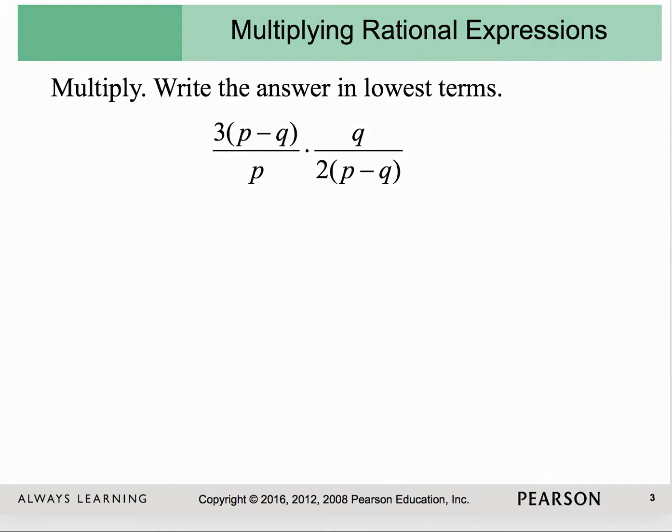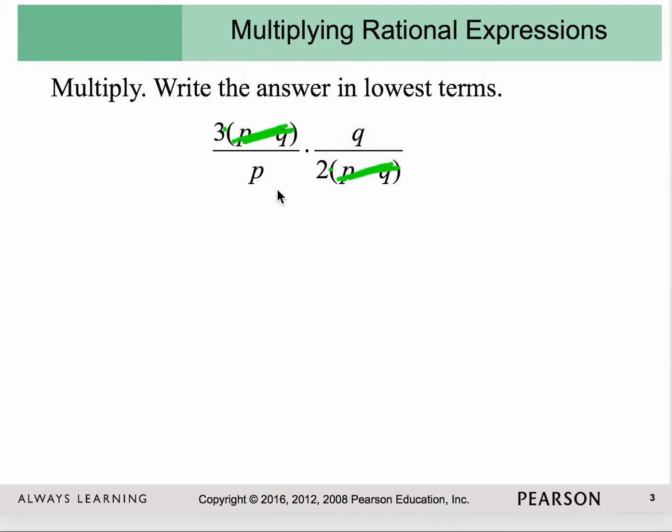All right, so look at this one. What I have to remember is this is just a times right here, and this is a times between them and a times. So first step, I have to make sure before I can do this that everything is indeed just being multiplied. Then anything that's the same on the top and the bottom can divide out. So there's no factors of 3 or 2.